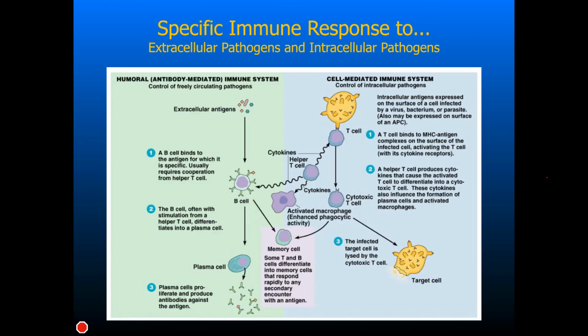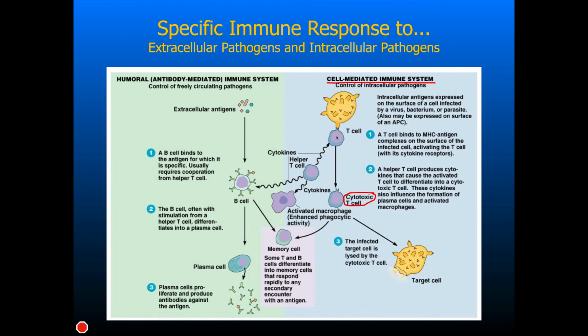Now, one last thing I'll mention before we call it quits on this particular clip. We've talked about cytotoxic T cells and helper T cells. And we noticed that the cytotoxic T cells will recognize something about something that's inside of the cell, right? Like a virus, for example. So when we talk about cell-mediated immunity, oftentimes we bring our attention to that cytotoxic T cell.